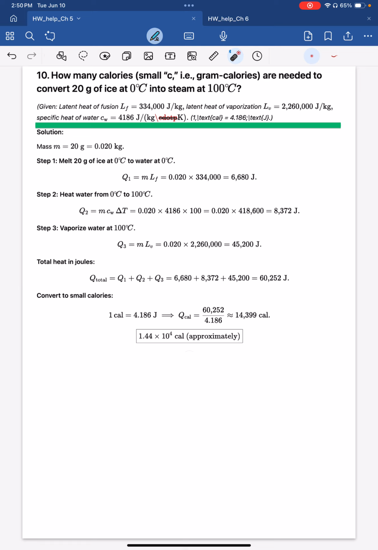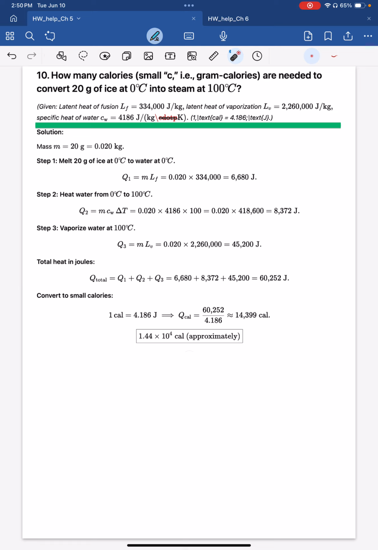So first of all, look at the steps. First, because ice is at zero, as soon as you start heating, it's going to melt. So first melting of ice, and then you get water at zero. So second step is to heat water from 0 to 100, and then it begins to boil and becomes steam. See that? So those are the 3 steps.